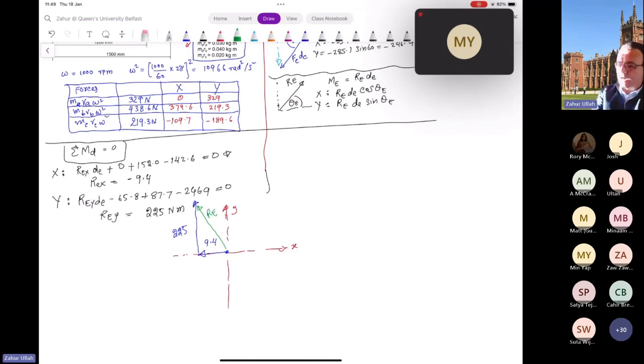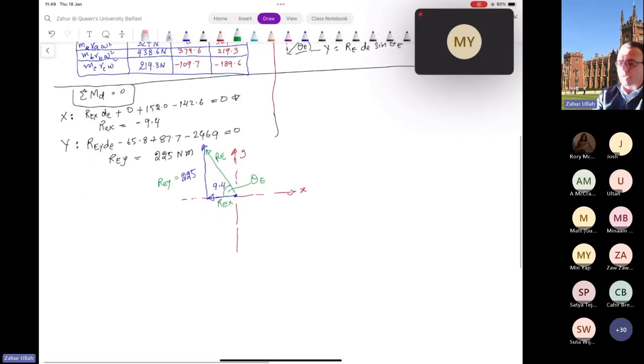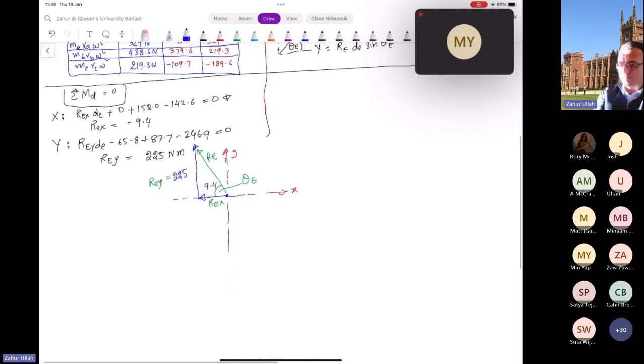So this one is REX. This one is REY. And then this one is your RE, and then this angle, which is your theta E. So from here, now you can calculate this RE from both its components.